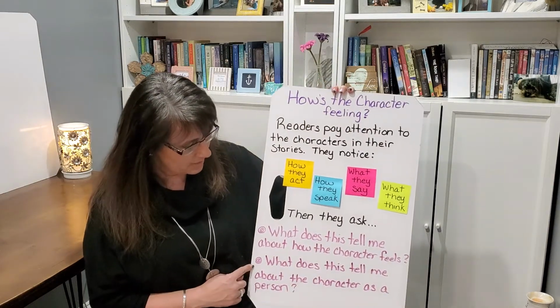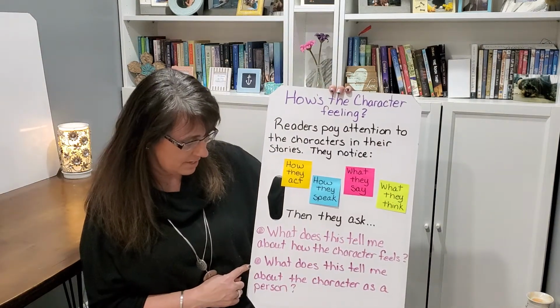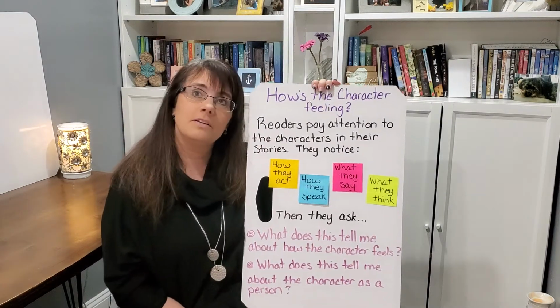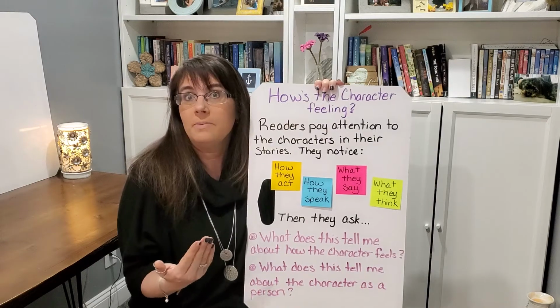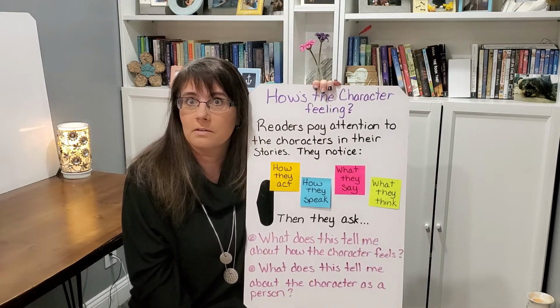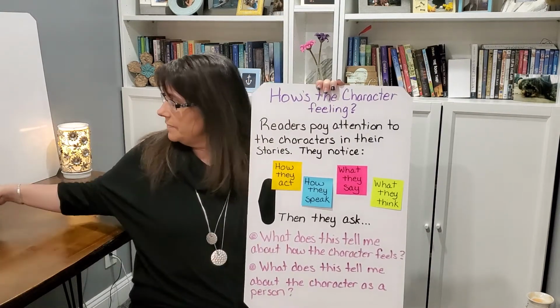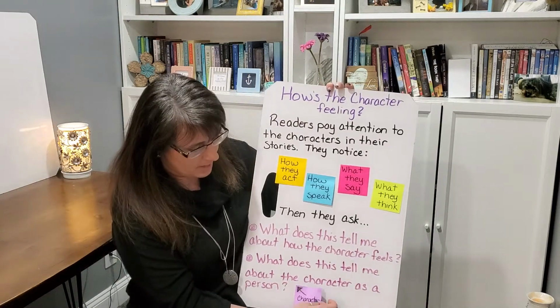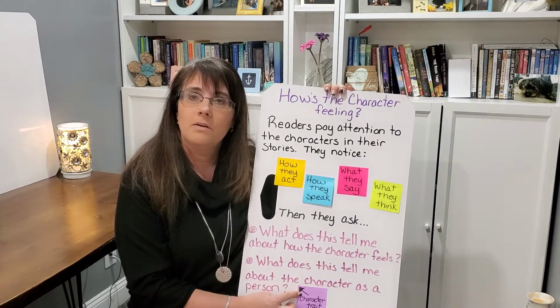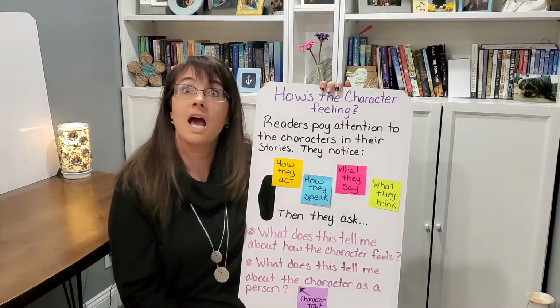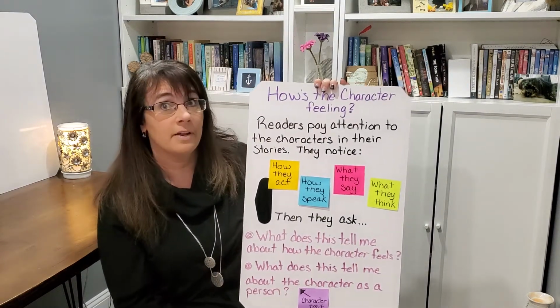And then the last one here is, what does this tell us about the character as a person? So if we kind of pull that character out of the book and we think, what would they be like if they were a real person? What would they be like? And that kind of leads us here. When I talk about that, I'm talking about like character traits. What kind of a person are they? Are they like an honest person? Are they a caring person?